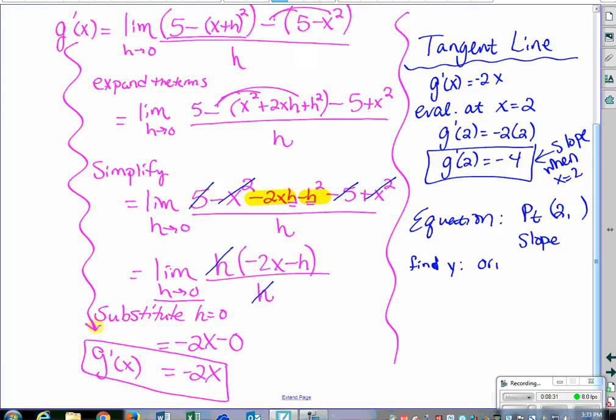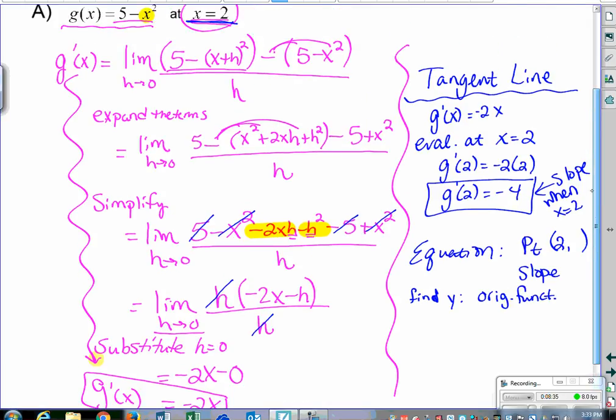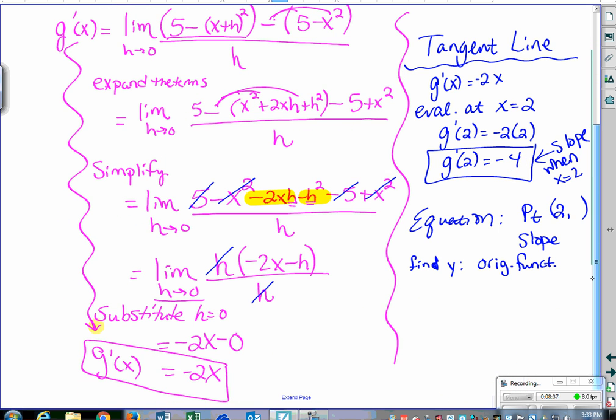Go to the original function, which is 5 minus x squared. So g of x was equal to 5 minus x squared. If I plug in 2, when x is 2, I get 5 minus 4. I pick up 1. I have this ordered pair 2 comma 1.